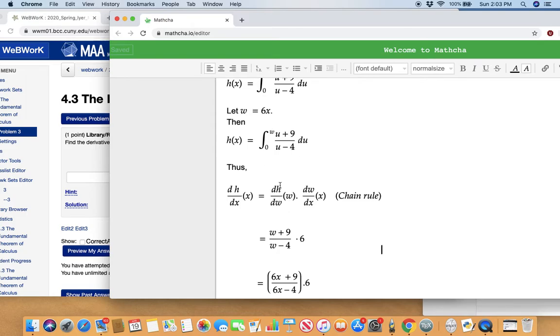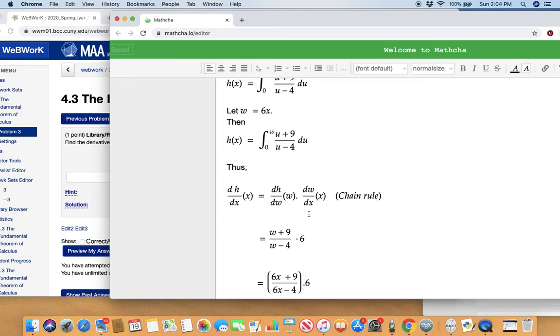Now, if I look at the derivative of h with respect to w, this looks perfect. The lower limit is a number, the upper limit is the w I want. So its derivative with respect to w is the object inside. I have to replace my variable with w though. Okay, I did that.